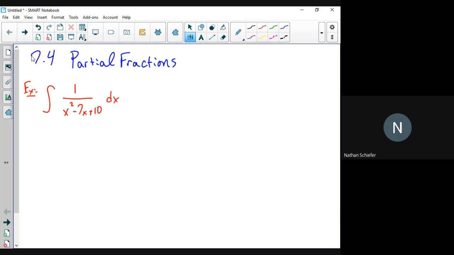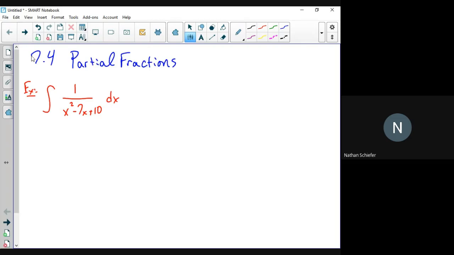This is not one we can undo the power rule, because if I write this, I could write it as x squared minus 7x plus 10, all of that raised to the -1, but that's not really helping me.